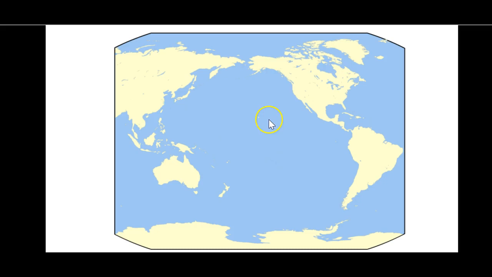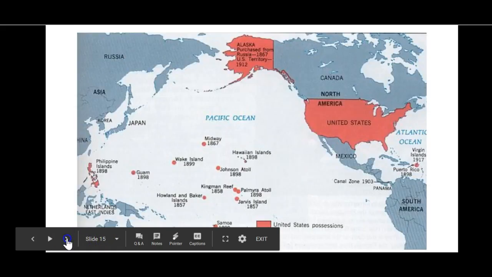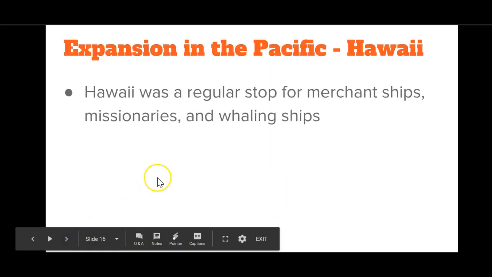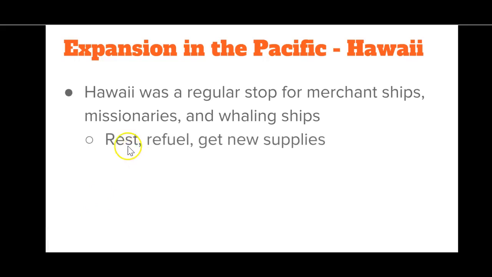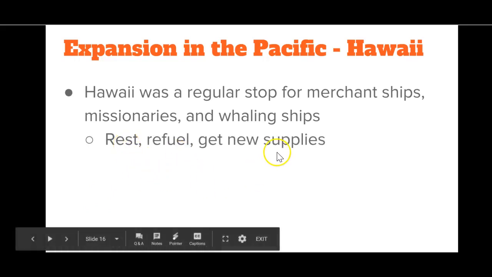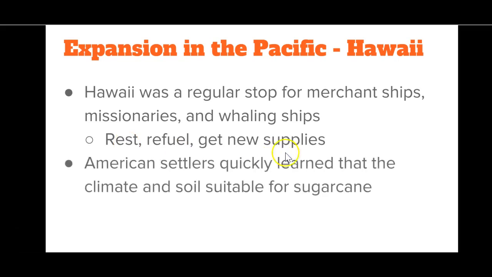This is not exactly midway, but it is definitely in the middle of the ocean. So it's a good stopping point for different kinds of travelers. Here in Hawaii, they were resting, refueling, and getting new supplies.